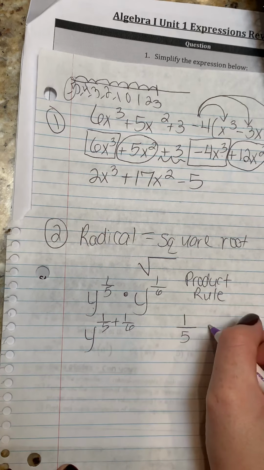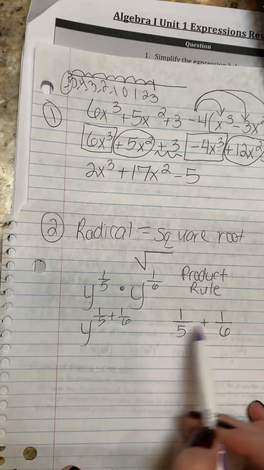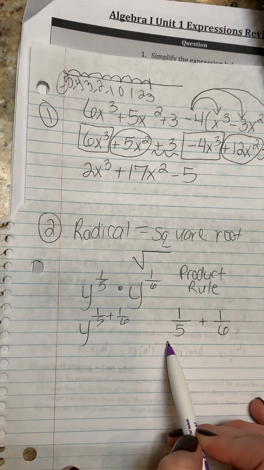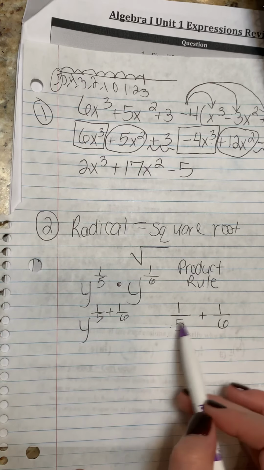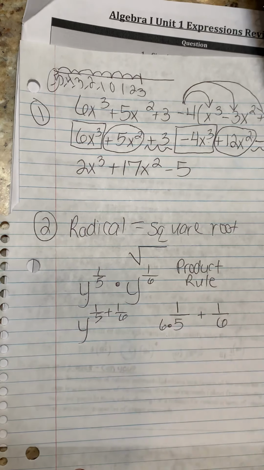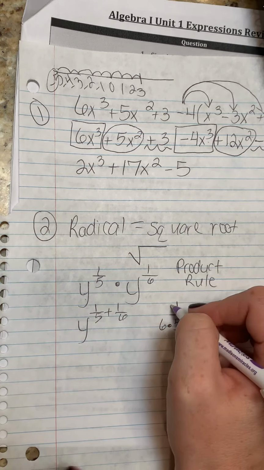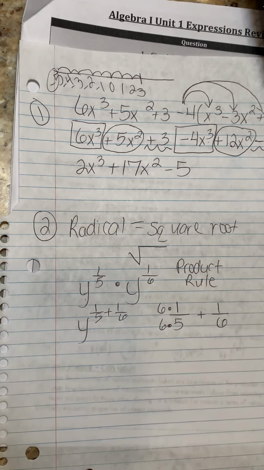So I'm gonna do a little side note. They have to have the same bottom number, the denominator. The easiest way to do that is just to multiply it by the other number. Okay, so here I'm gonna multiply by 6, but whatever you do to the one side of the fraction, you have to do it to the other. So multiply by 6.